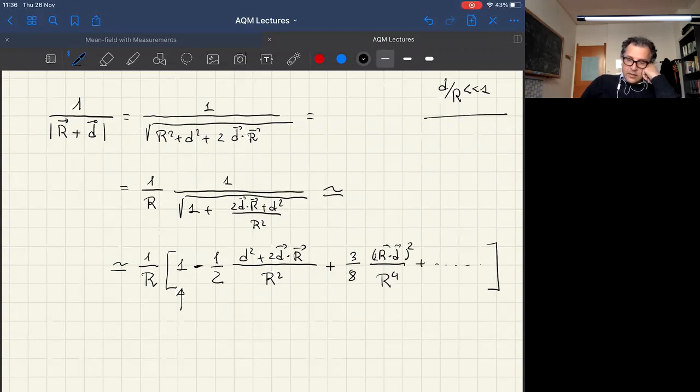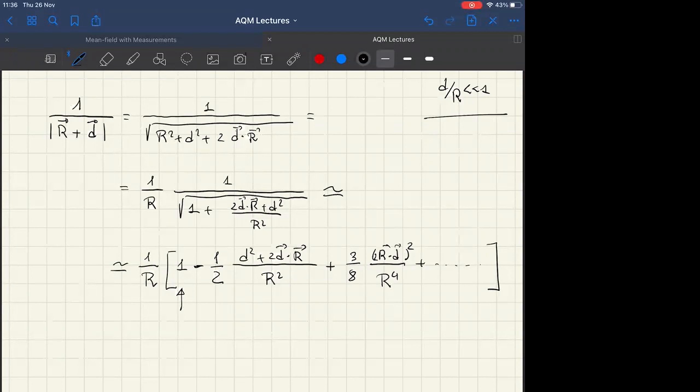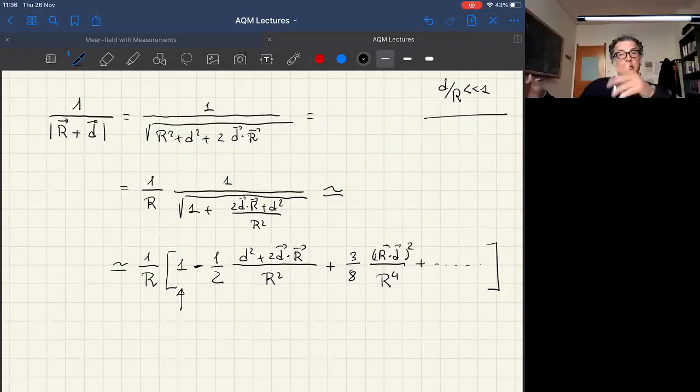So this term here is order D over R, okay? This is D square over R square, and also this D square over R square. Then you have other terms which are D over R to the power cube and things like that.